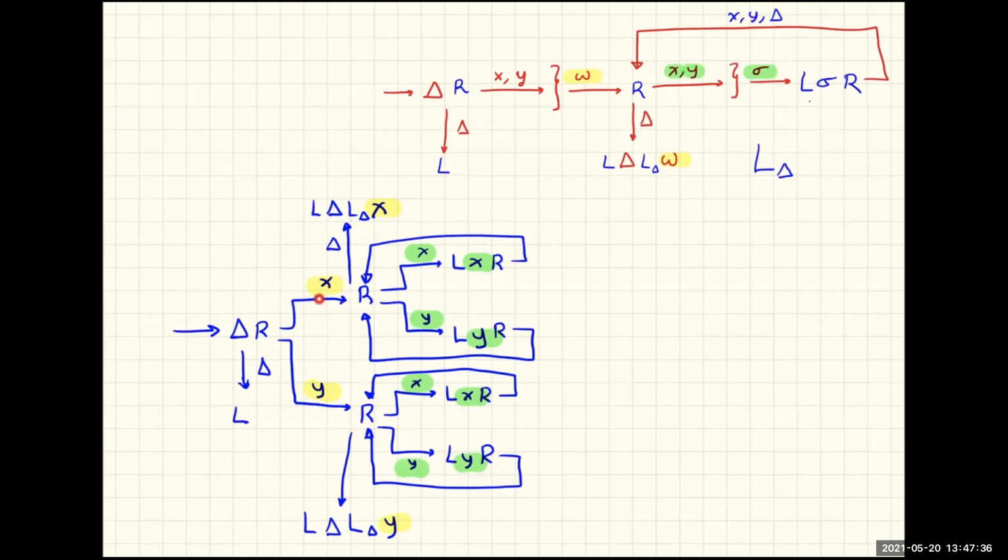This x is the same as this x. So x, x, omega, omega, or y, y, omega, omega. I want to show you how this is abridging, making the diagram shorter.